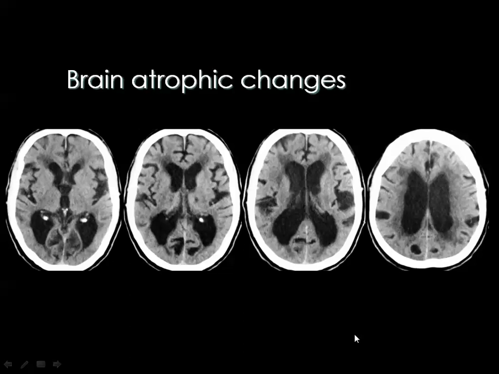Let us see this example first, which is a case of brain atrophy, where you can see that the cerebral ventricles are dilated, the lateral ventricles are dilated, the third ventricle is dilated, but also you can see that the sylvian fissures and the cortical sulci are markedly dilated. Then dilatation of the ventricles and cortical sulci usually means that you are dealing with a case of brain atrophy.